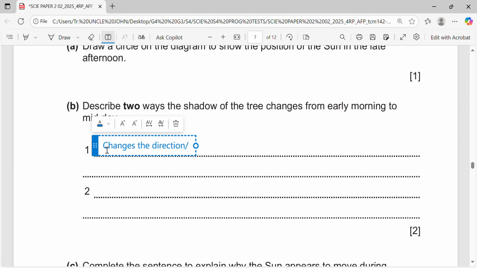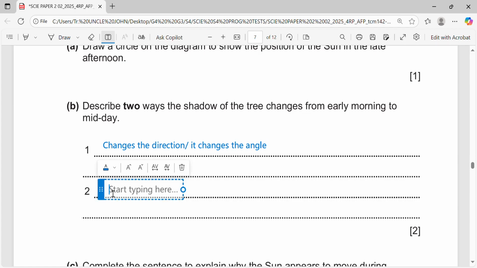You can again say it gets smaller. Changes direction or it changes the angle. You can again say it gets smaller. Then C.